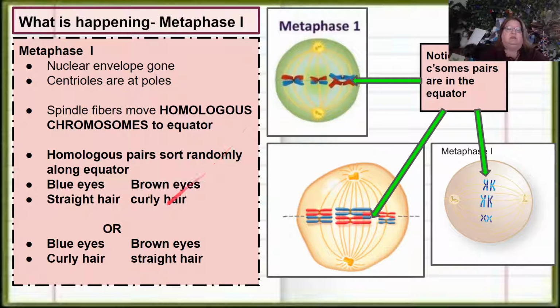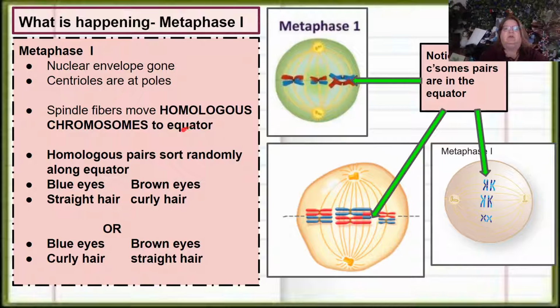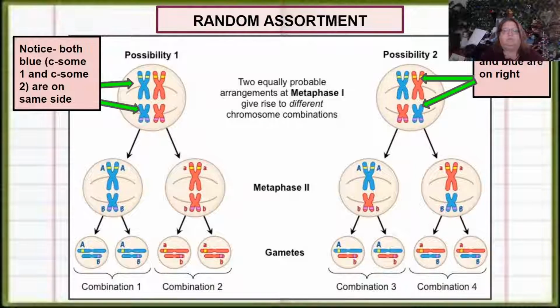That would mean that the one egg cell contains blue eyes and curly hair, and the other egg cell would have brown eyes and straight hair. And so, again, this is why your brothers and sisters might have slightly different looks, because one of you may have gotten your mom's green eyes, your brother may have gotten your mom's brown eye gene. This is called random assortment.